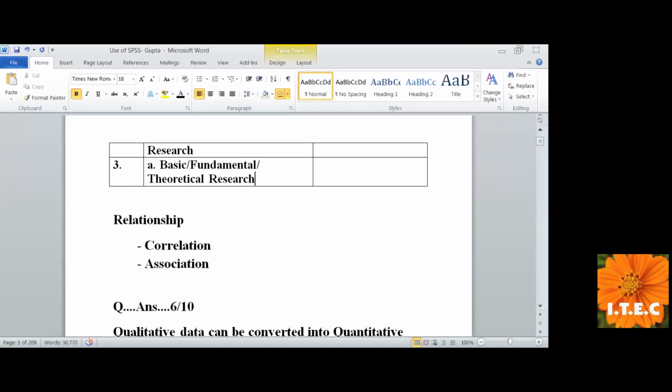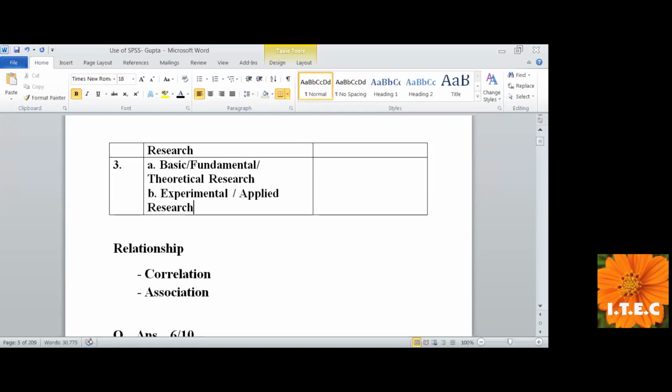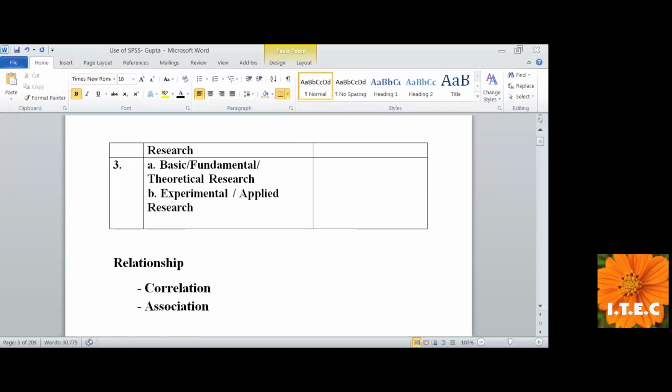Another can be experimental research, or you can call it applied research. And the third one is called action research.